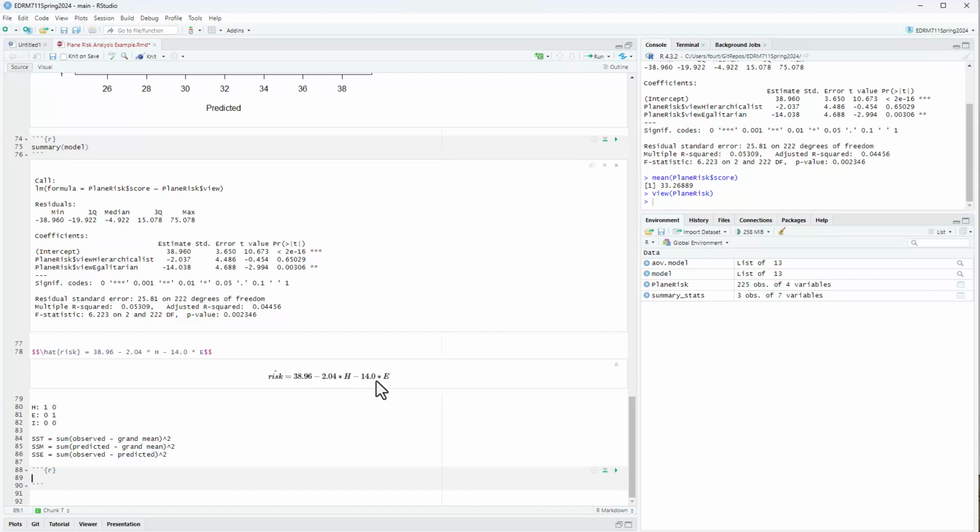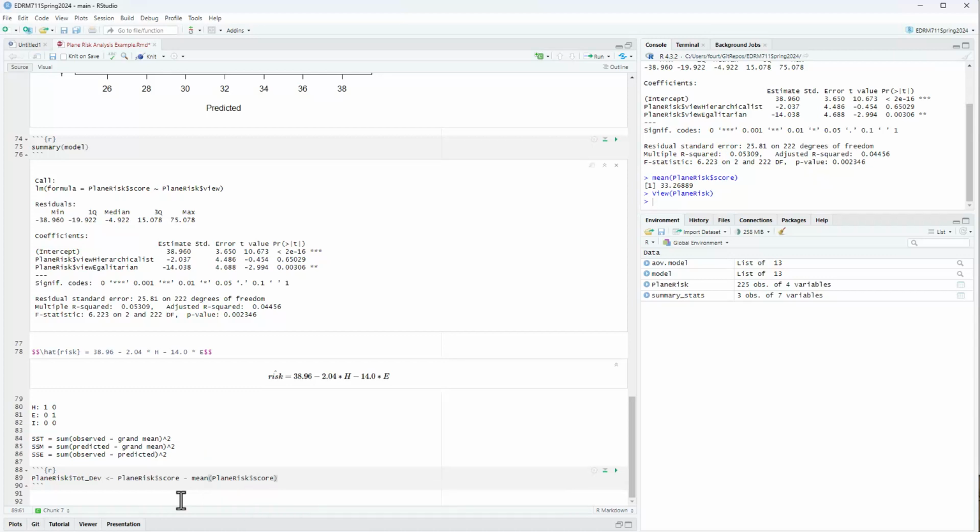So the total deviation, I'm going to call it tot dev, is going to be the person's observed score, so that's just score minus the grand mean. That's going to be the mean of the scores.